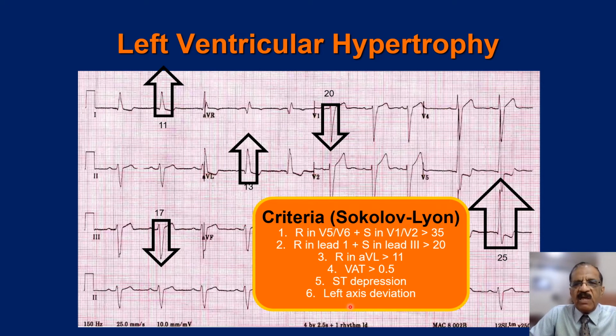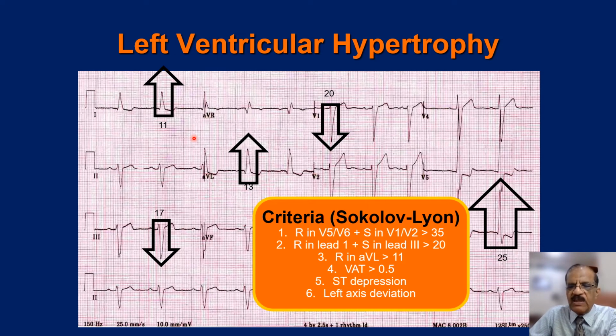So if the left ventricle hypertrophies, there may be only subtle left axis deviation, not to the extent we see in left anterior superior hemiblock or left anterior fascicular block. If there is a differential within the ventricle, then there are more chances of axis deviation than a differential developing between the left ventricle and right ventricle. So there may be some axis deviation also, but that is not the required criteria.